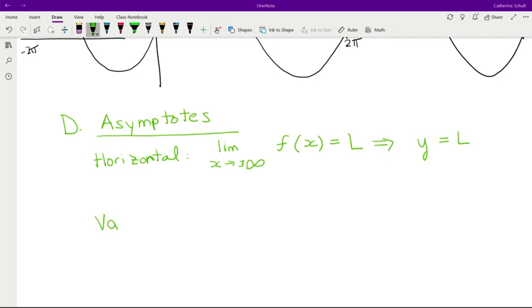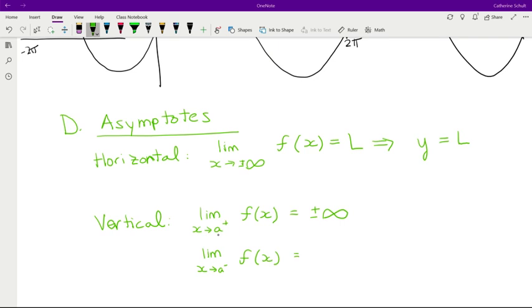We also have vertical asymptotes. And vertical asymptotes happen where we have discontinuities. So, for instance, in our rational function, anything that makes the denominator 0 could potentially be a vertical asymptote. The calculus definition is we can go from the right or the left of a value a, and if we go off to plus or minus infinity, that's going to be a vertical asymptote.